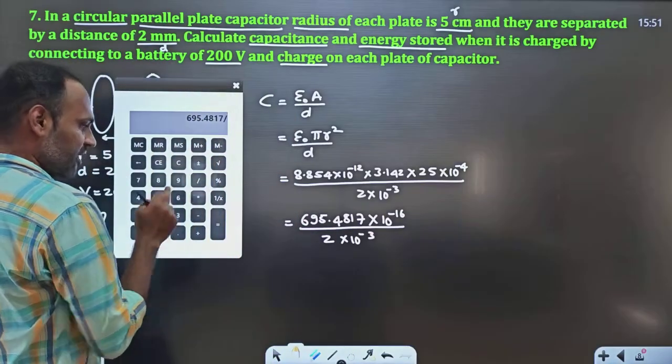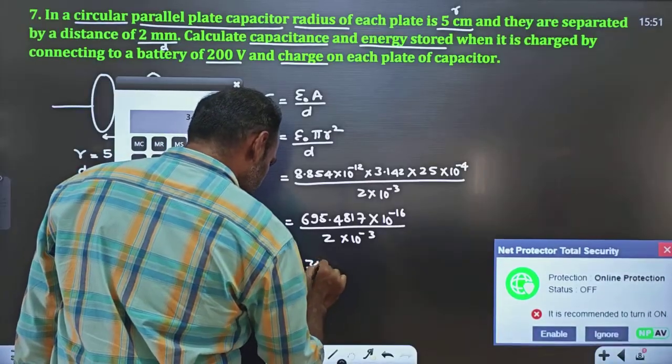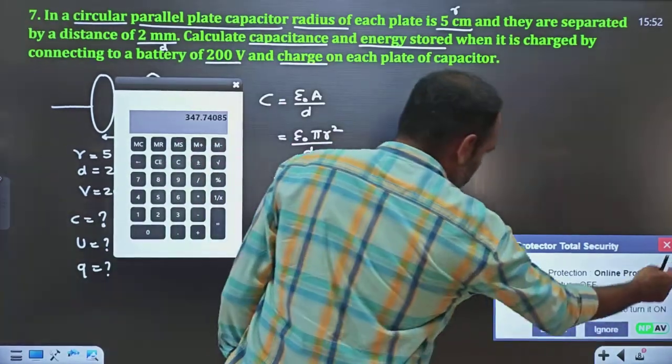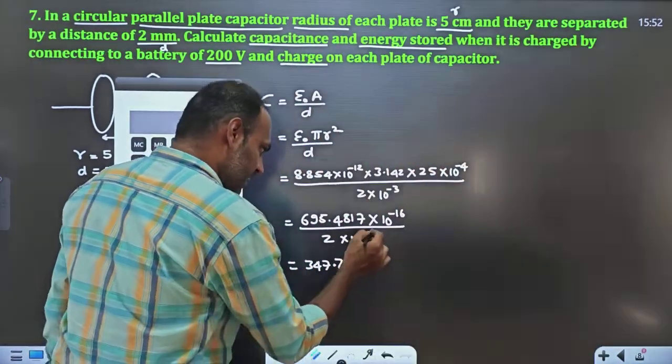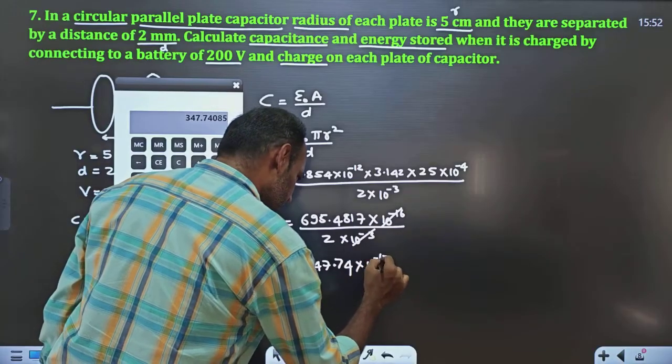So this much divided by 2 is 347.74. Correct? So minus 3 from this will go, you will get 10 to the power minus 13.